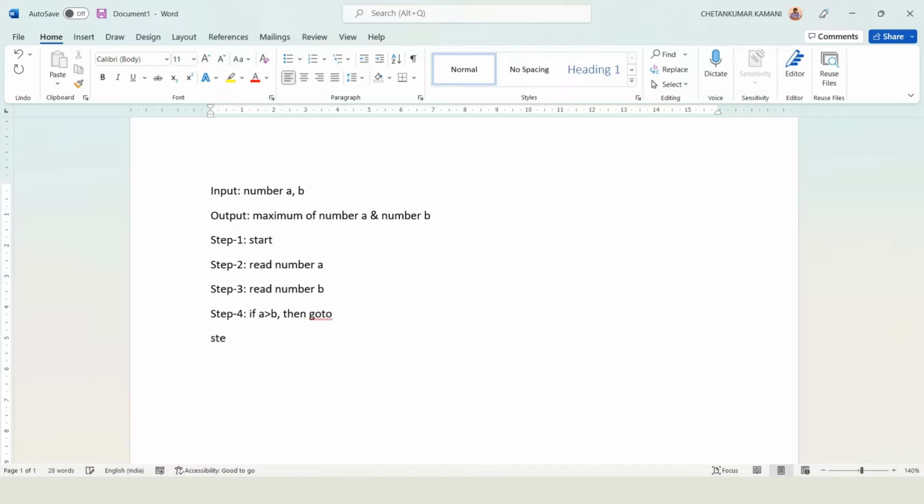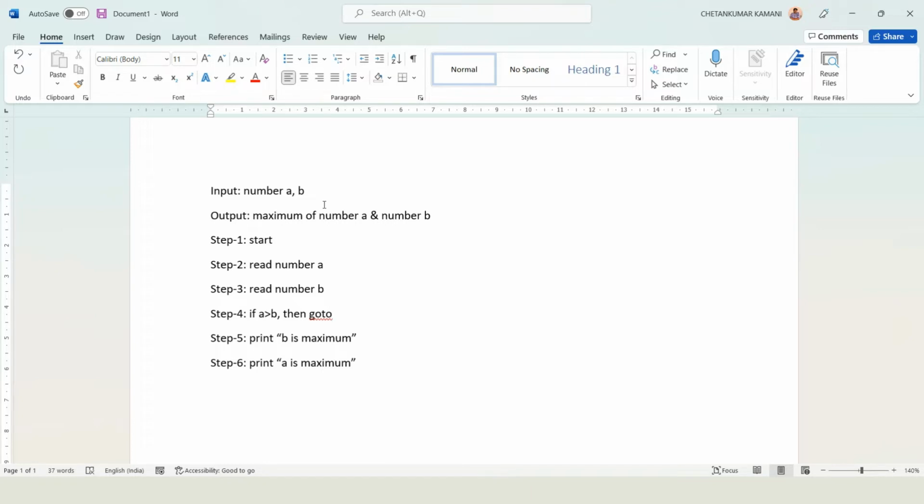Now step 5. If step 4 becomes false, then definitely which number would be maximum? B would be maximum. Then print B is maximum. Then step 6, print A is maximum.